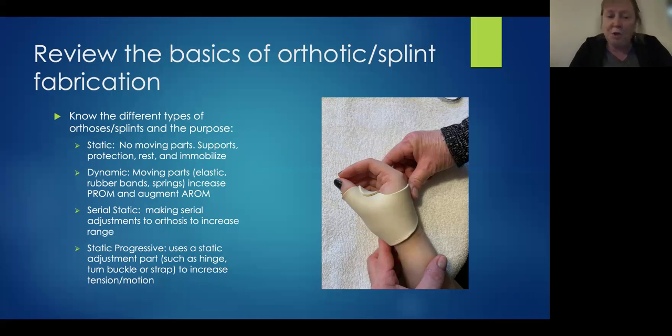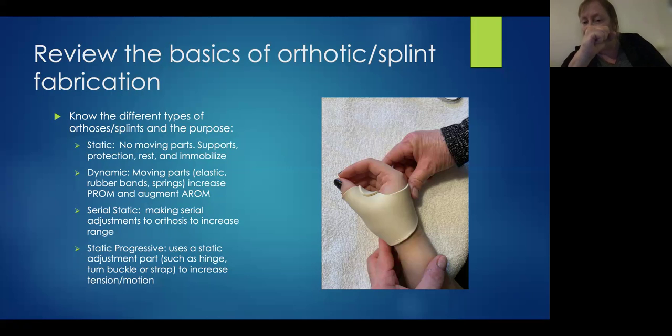I would also use a dynamic orthosis to augment active range of motion. For example, somebody who has a radial nerve palsy and has a dropped wrist and dropped MCP joints, I would make a dynamic extension splint or orthosis that has rubber band traction that would pull the fingers and wrist up into extension, but would allow the person to actively flex their fingers.